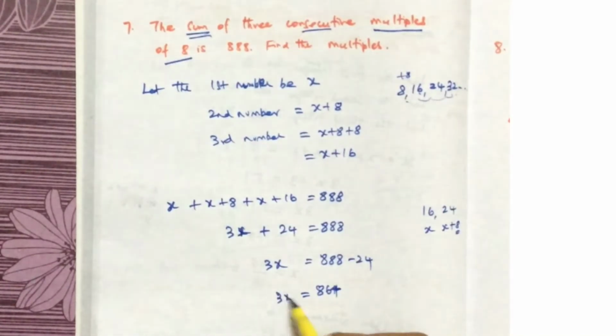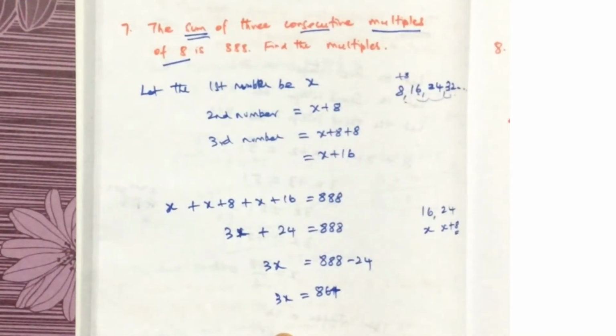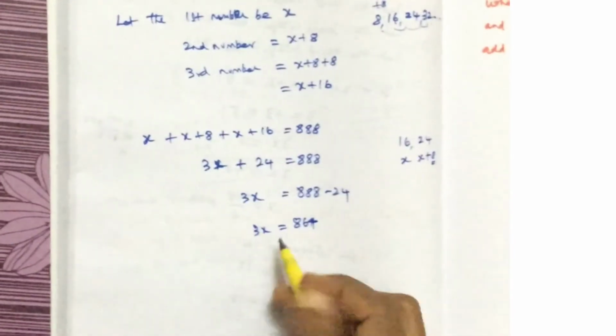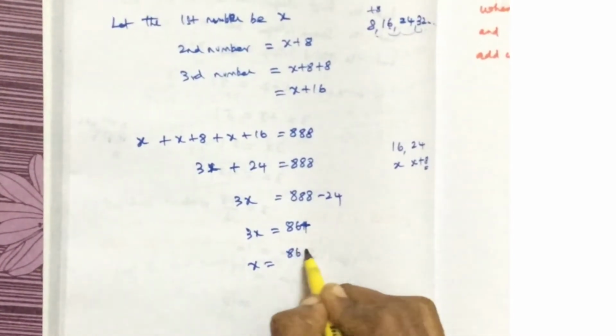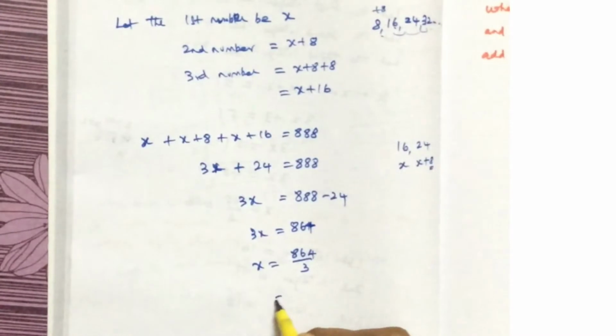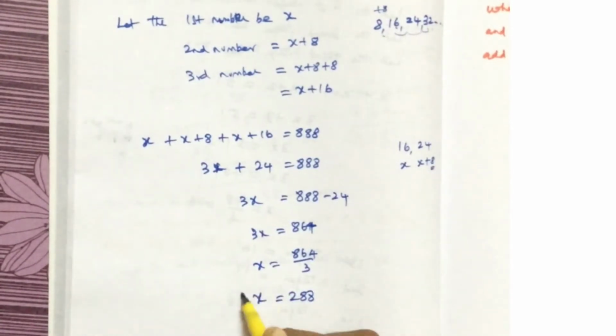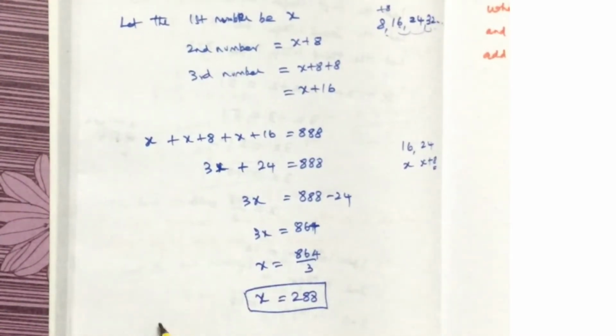That is 3x. Now I want to find x. So divide by 3 on both sides. x equals 864 by 3, that is equal to 288. Now I got the first number.